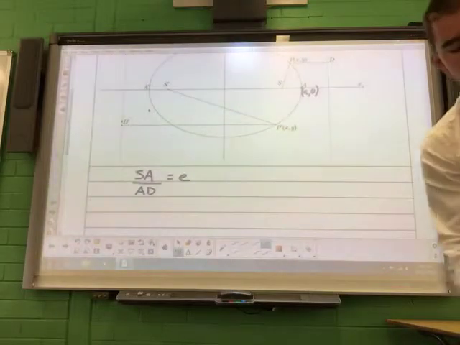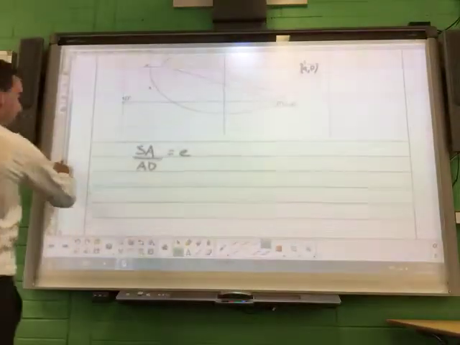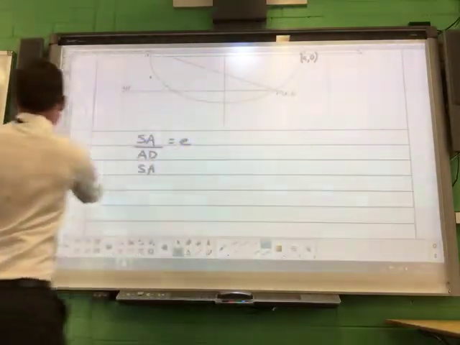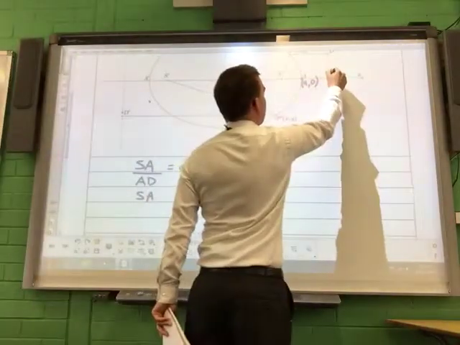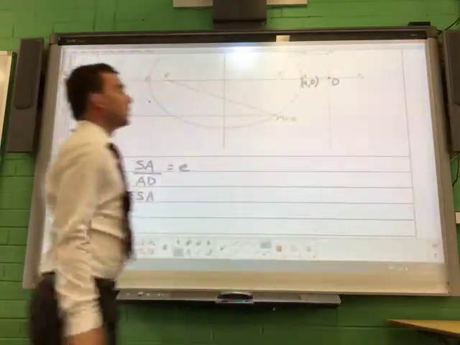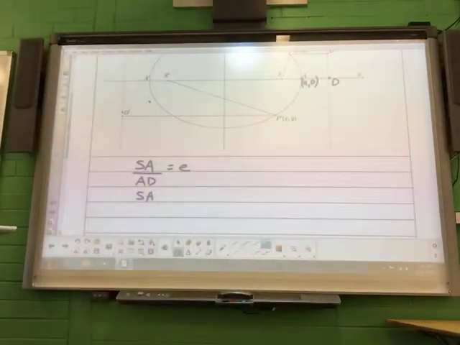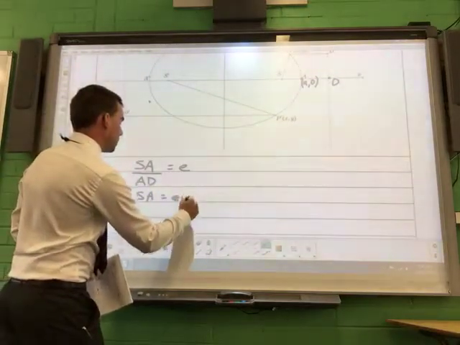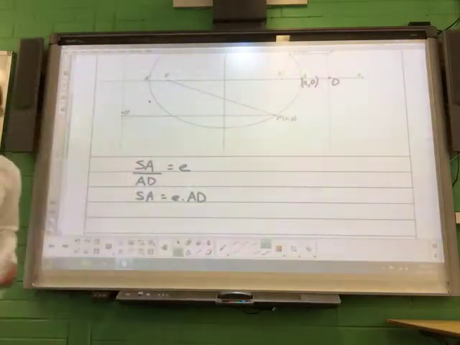So that's just a point D on the directrix that we're establishing. So SA is equal to e lots of AD.